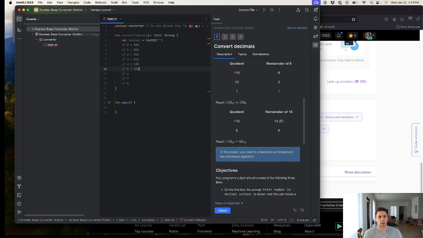So let's see. This is 101, 110 equals 111, and this would equal 1000. And we can basically go to 15, right?